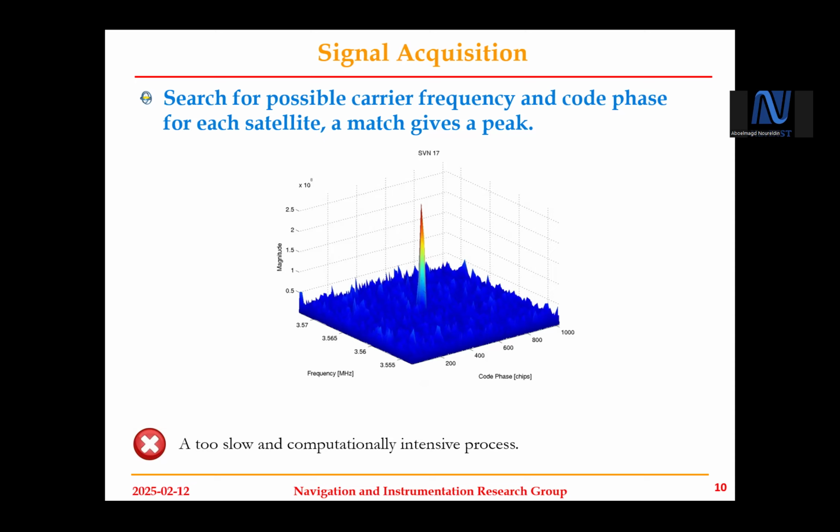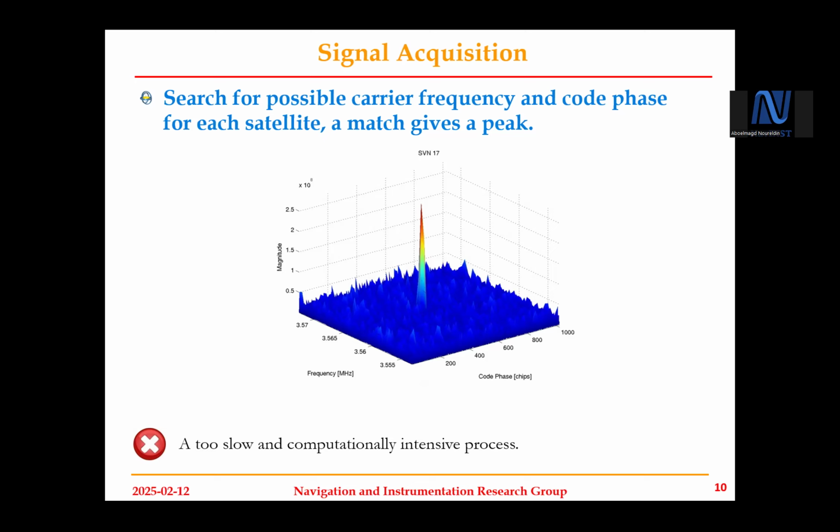If I don't know the Doppler shift, I cannot demodulate the signal, because what I do at the receiver, when I receive that transmitted signal with that cosine wave, I multiply it with another cosine wave generated locally. If that frequency is known to a good extent, I can demodulate, I can remove that cosine.